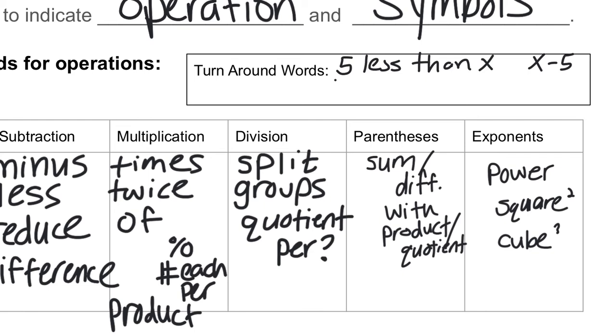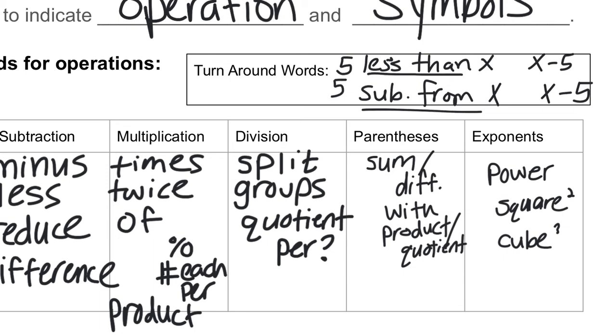Or if you had 5 subtracted from x, then you actually have to write it that way, where you subtract the 5 from the x, x minus 5. So be aware of those two turnaround words, because that's going to change the order that your problem is written in, and that makes a difference for subtraction. The order that you subtract in matters. So you want to make sure that you have that in the correct order when you write it.